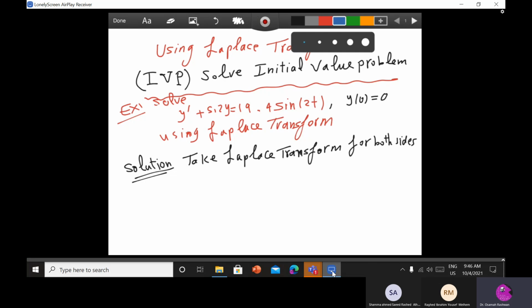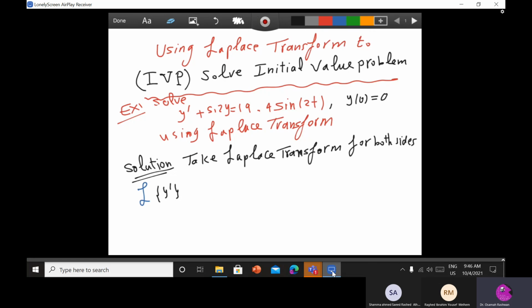So, yes, I have a Laplace transform for y dash plus Laplace transform. If I have a constant, I can take it outside, right?